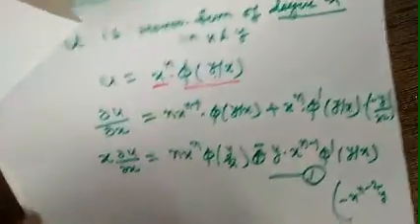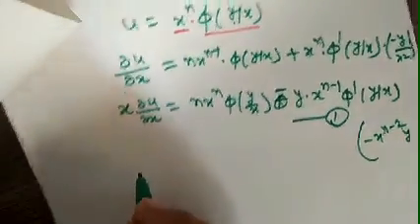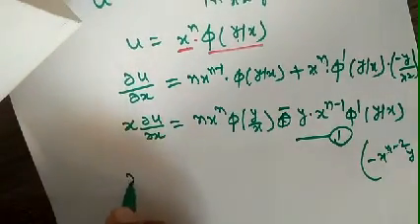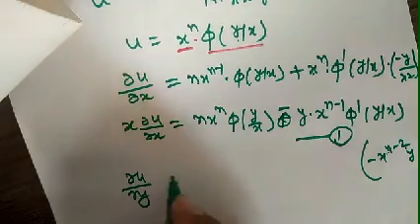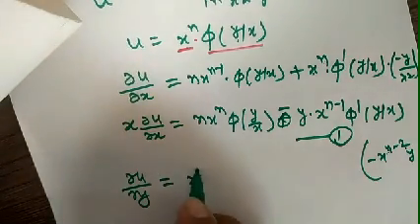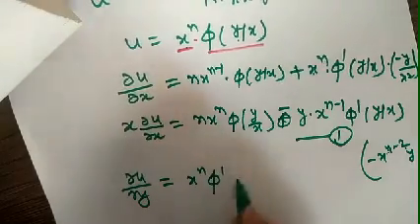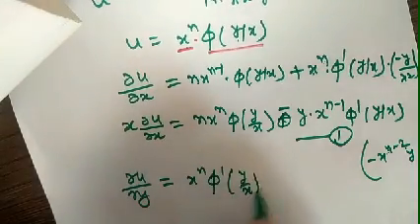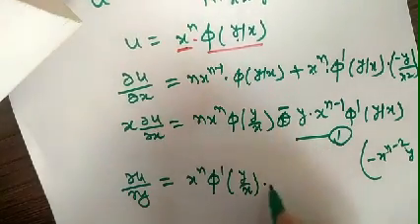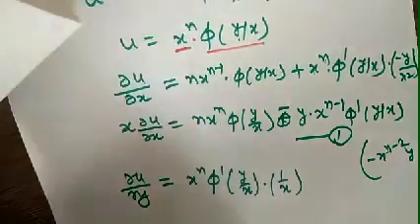This term I am multiplying by x, and we get this term, and I am calling this equation number 1. In a similar way, I will differentiate this function u with respect to y. Del u by del y is equal to x raised to power n phi dash of y divided by x into the derivative of the angle with respect to y only, therefore this is 1 by x.